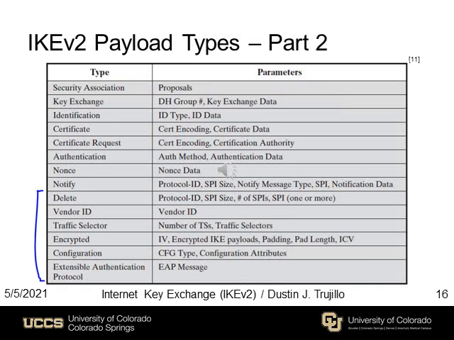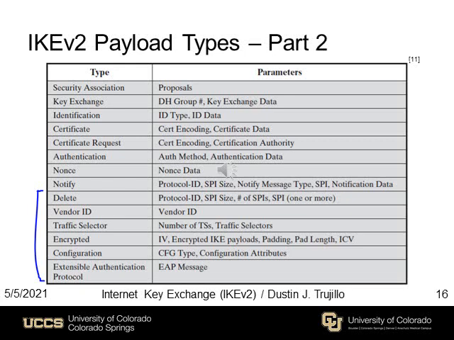Now, moving on and discussing the second part of the payload types slide, let's continue discussing the remaining payload types, as I've indicated on my blue bracket on the left. The first one here is the delete type. Now, the delete payload actually indicates one or more security associations that the sender has deleted from its database and is of course then no longer valid.